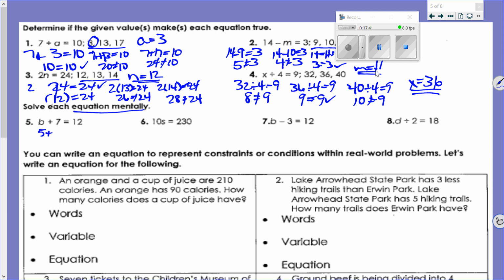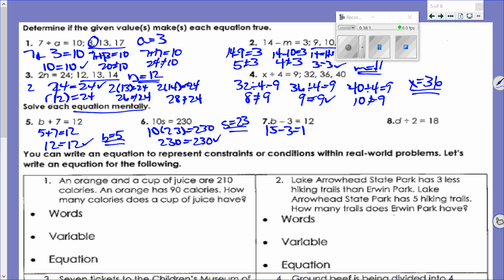5 plus 7 equals 12. 12 equals 12. Check. So B equals 5 is my solution. 10 times 23 equals 230. 230 equals 230. Check. So my solution is S equals 23. 15 minus 3 equals 12. 12 equals 12.